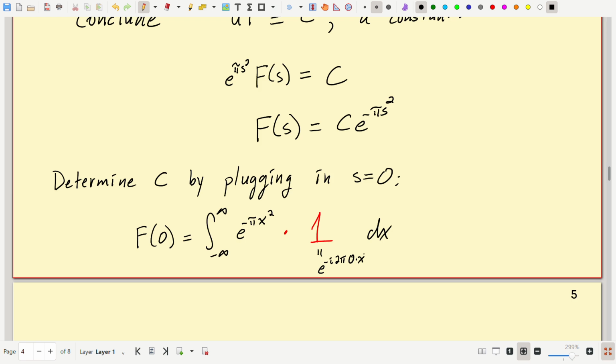And guess what? That is a famous integral. You can calculate it. Remember, I calculated the integral of just e to the minus x squared using polar coordinates and was able to show that that was, I forget what it was, the square root of pi or something? Anyway, with the pi right there, this turns out to be 1. You could demonstrate that using the polar coordinate trick I did back when I did this. So the area under that graph is famously equal to 1.